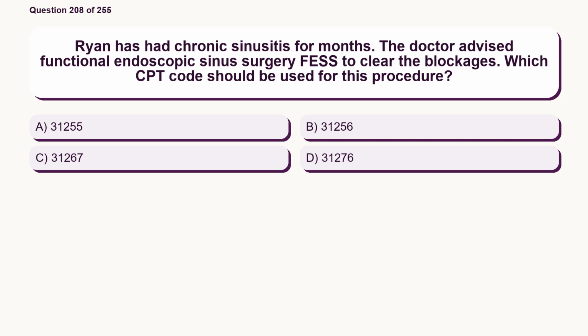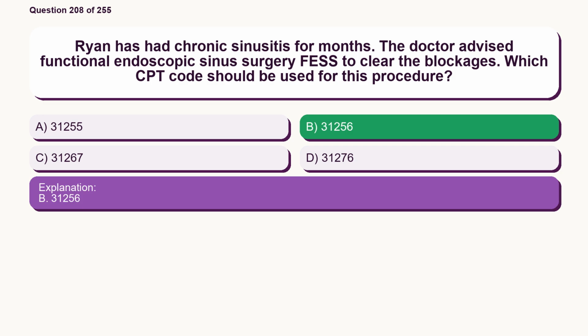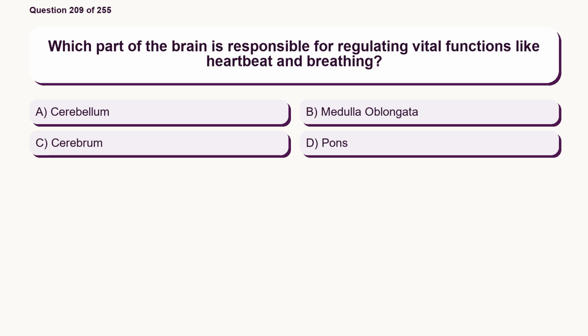Option C, 31,267. Option D, 31,276. The correct answer is option B, 31,256. Question 209.